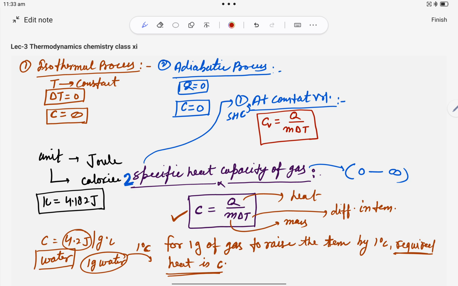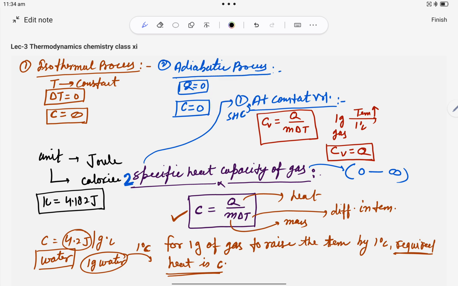What is the meaning? At constant volume, for 1 gram of gas, to raise the temperature by 1 degree Celsius, the required heat is your specific heat capacity at constant volume. So mass is 1, temperature is 1, and from here you get Cv is equal to Q.